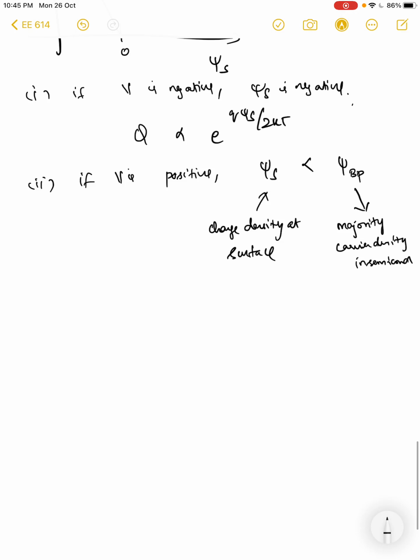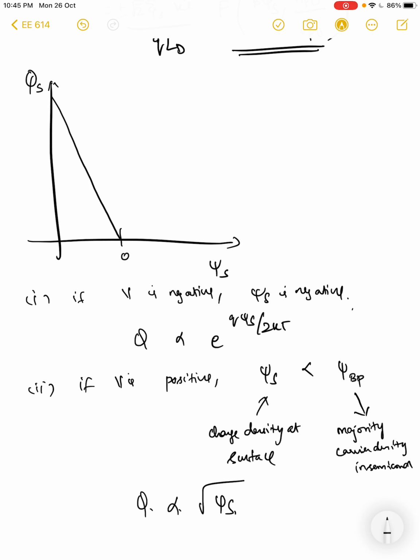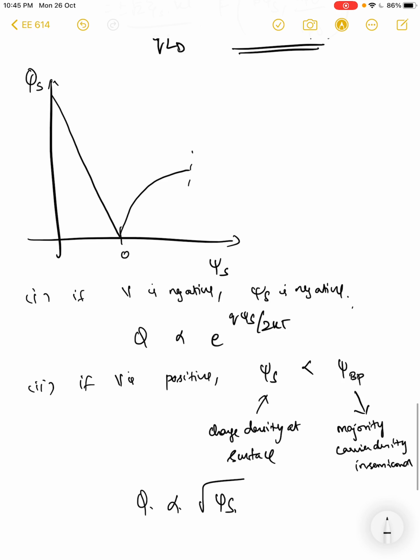So your actual Q will be proportional to root of psi s, and hence here you will have a square root dependence of charge with the surface potential, right, till some point. This is, let's say, psi b, right?